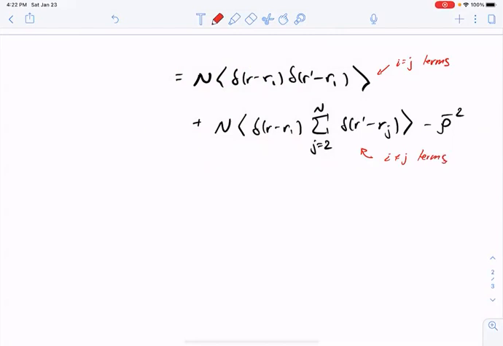Just dividing that double sum into terms where i is equal to j and where they're unequal.